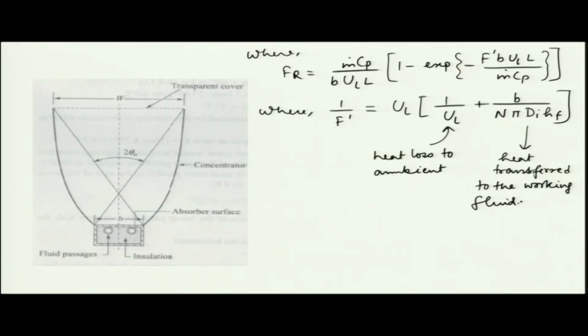So, the working fluid details came into the picture. N is the number of tubes, pi D I is the inner perimeter of the pipe, and hf is the heat transfer coefficient inside the fluid. And B is of course the width of the receiver. That is how we can get the heat transfer to the fluid from the compound parabolic collector.